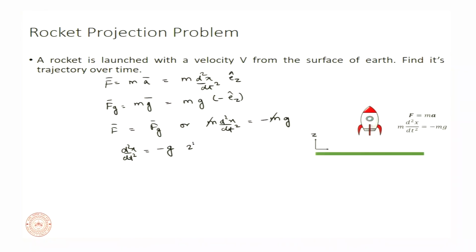Now, this is a second order ODE. We will talk about ODEs more when we solve the ordinary differential equations. So, this is a second order ODE, and how many boundary conditions or initial conditions would we need? So, we need two initial conditions. This is a time derivative. So, two initial conditions are needed, and these would be that x, that is position at time t equals 0, is some value, say it is on the flat surface, so that is 0.